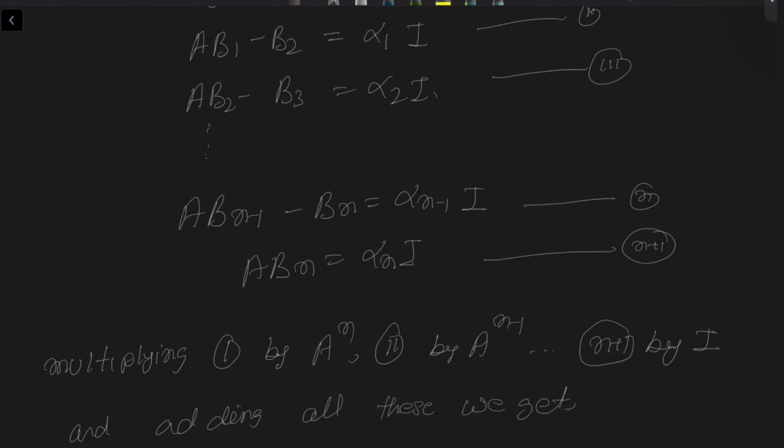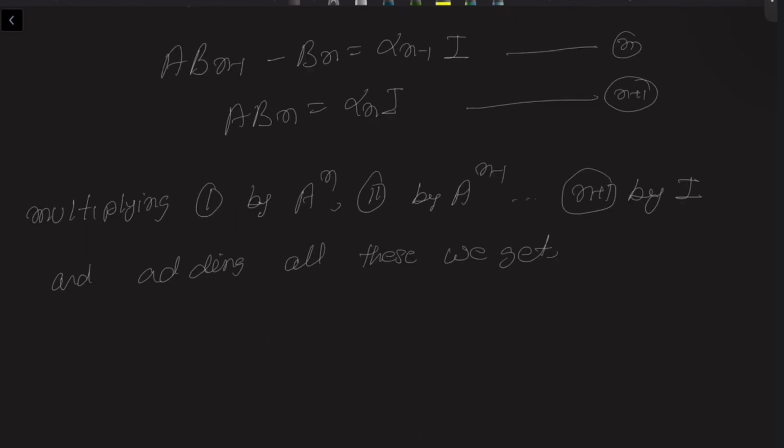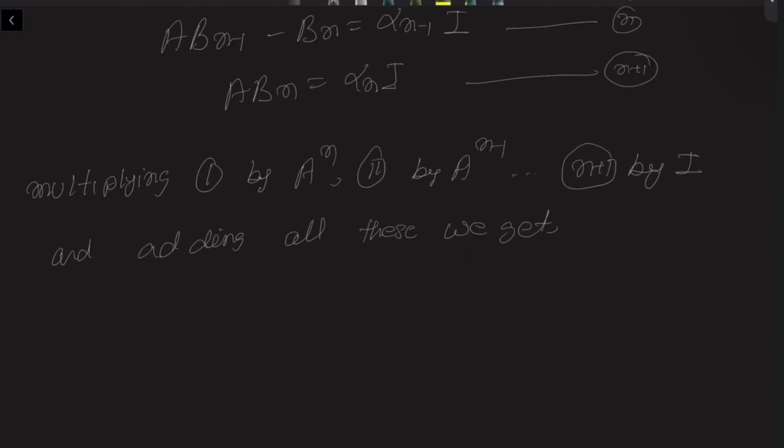If we just do this, upon multiplying and adding, we get quantities like A^n B1 plus A^n B1 minus A^(n-1) B2 plus A^(n-1) B2.